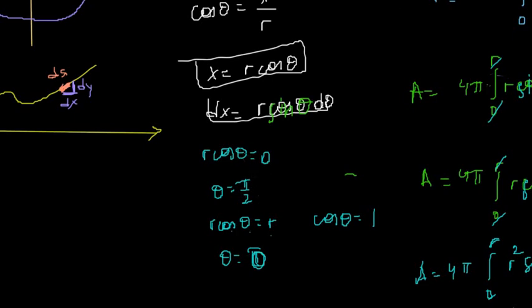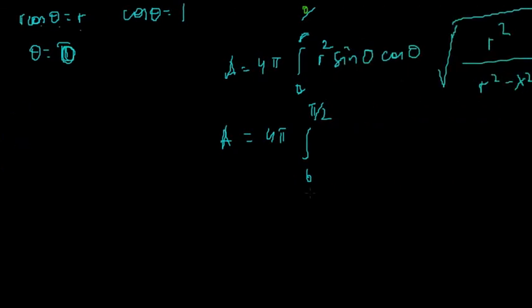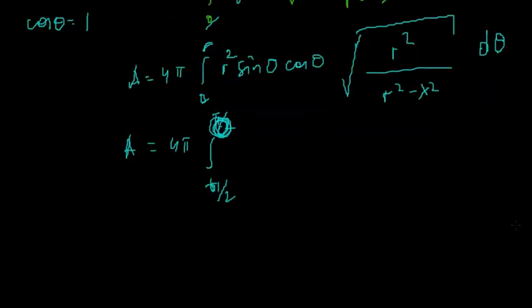So we are changing this 0 to r interval to the pi over 2 to 0 interval. Okay, so if I'm evaluating 0 to r, it means that pi over 2 is going to be here and 0 is going to be here. Yes, and then we just continue our calculation.